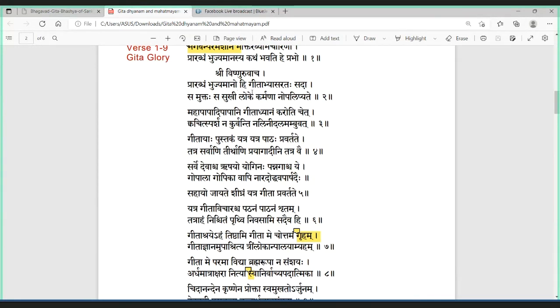Who's always enjoying means he's reveling in the knowledge of the Gita and is employing it in life. While prarabdham bhujyamanaha, while prarabdha is going on, such a one, sa muktaha sa sukhi loke.